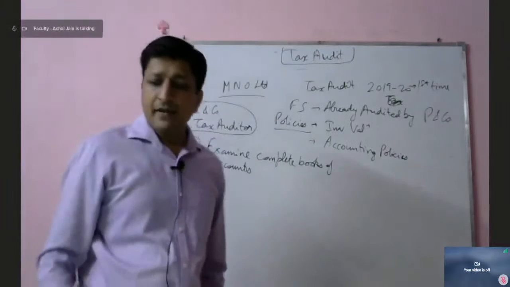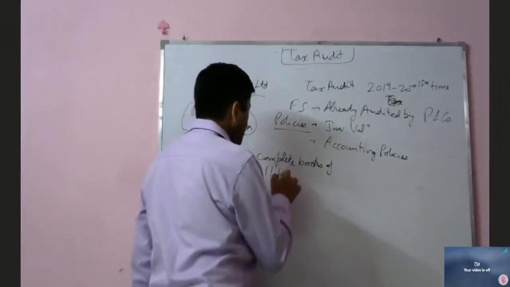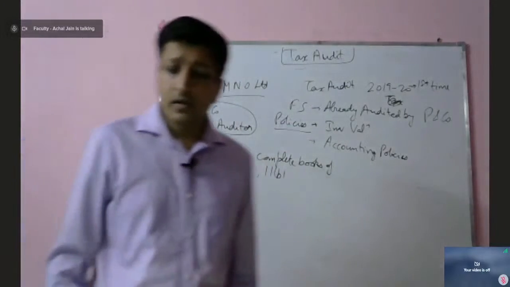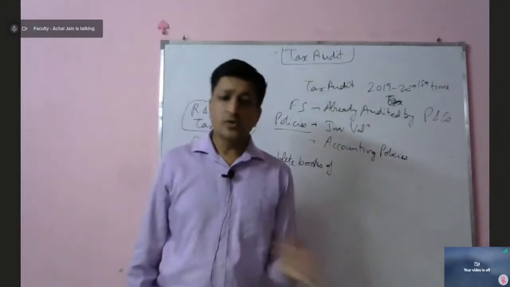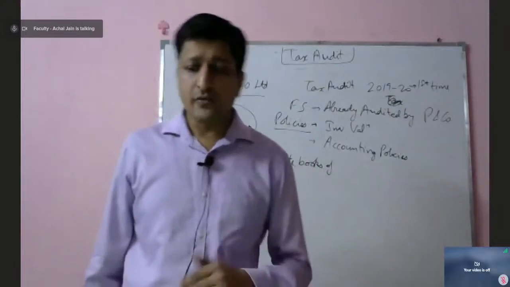There's a clause 11B which requires management to list down the books of accounts which they have maintained and the address at which books of accounts are kept.